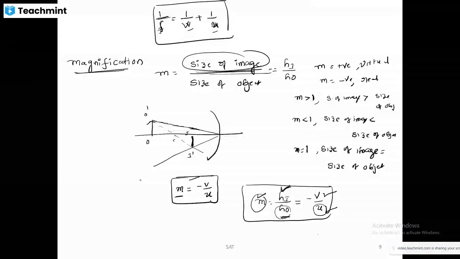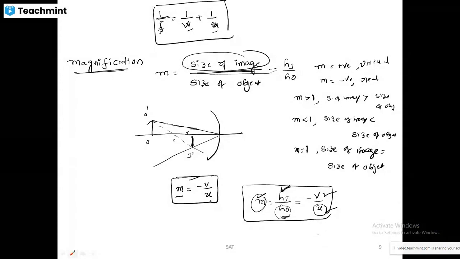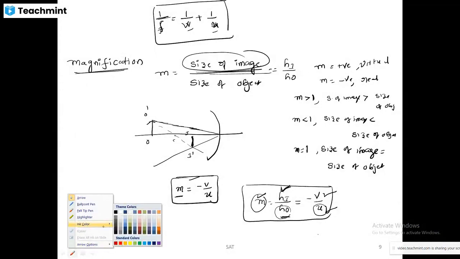So I write them on the slide. Please note down these points. They are very, very important for the problems, especially the mirror formula. A 4 mark question will come in the 10th examination.